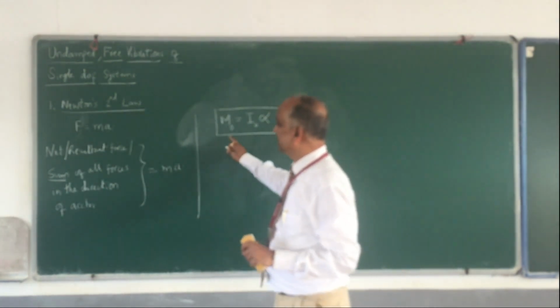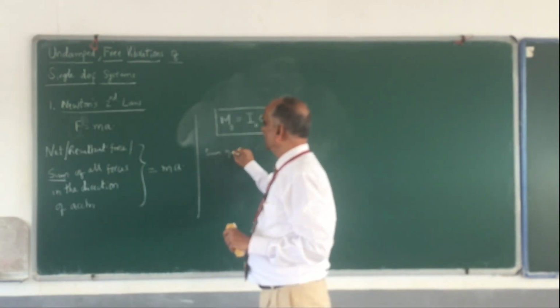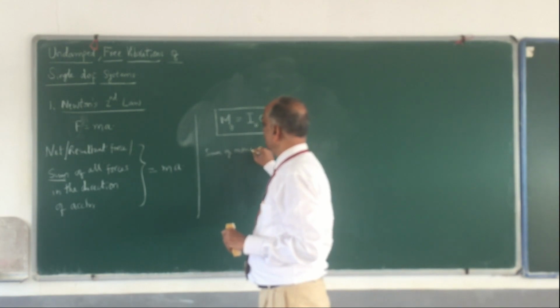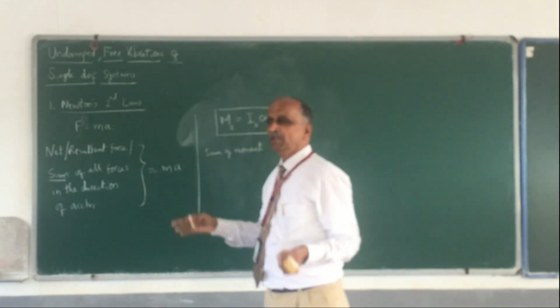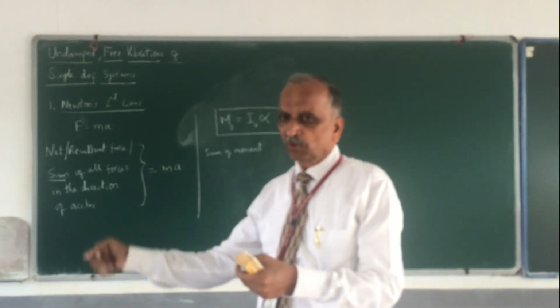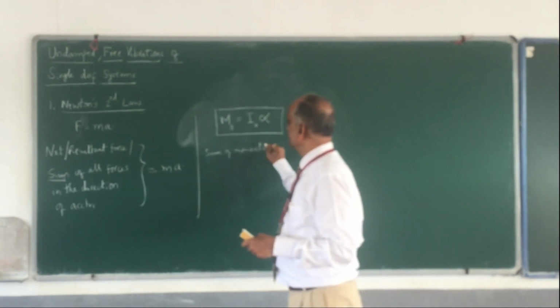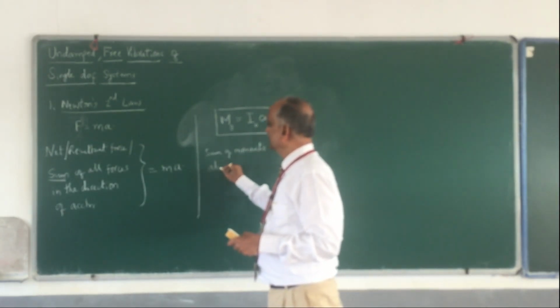So what is the left hand side? The sum of moments. If you don't have a moment, you may have a force. Then take the moment due to that force about the point. The sum of moments about what?